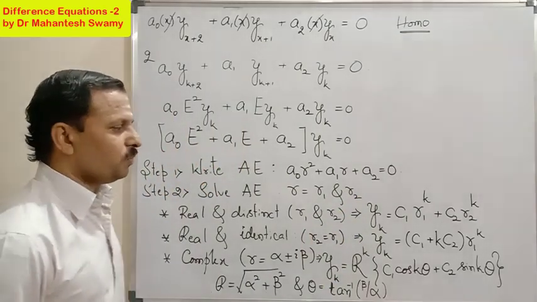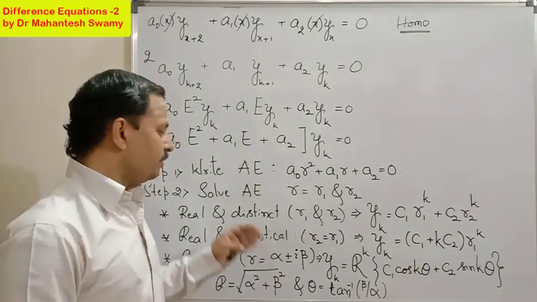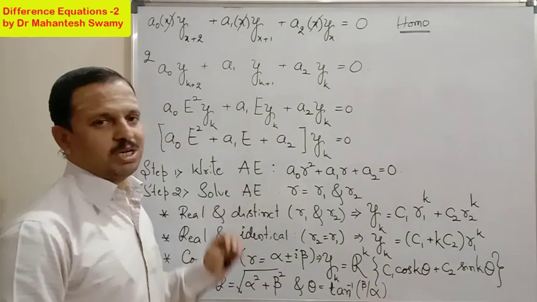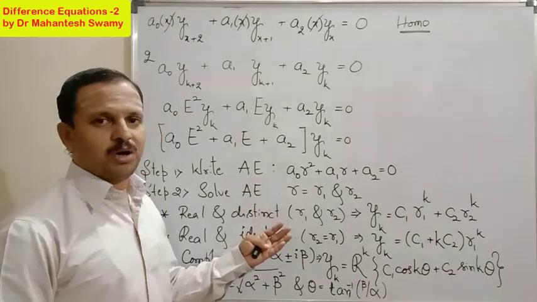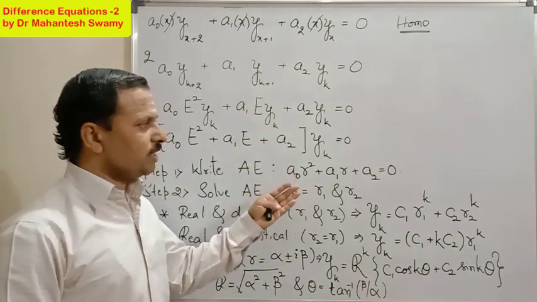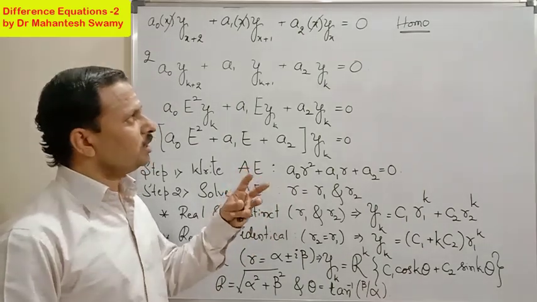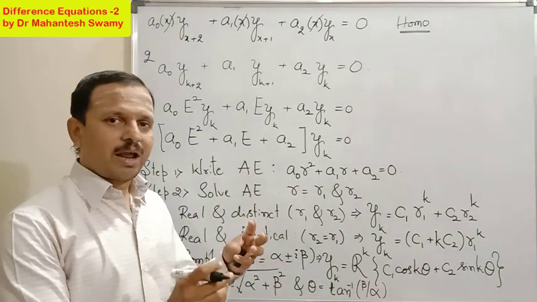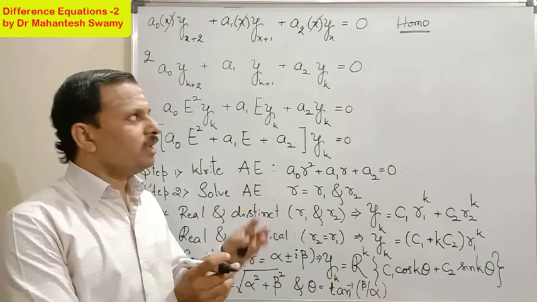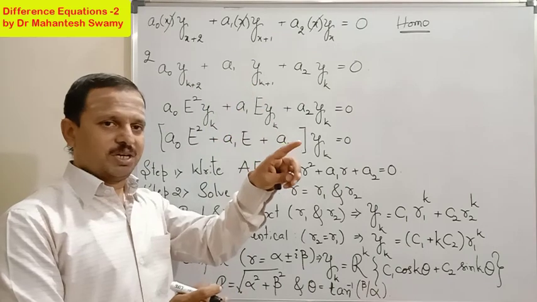So this is how we can write the general solution of the difference equation directly by looking at the nature of the auxiliary equations. We shall consider examples on the difference equations in the next video. At this moment I should recall one important thing here, that we are having an analogy between the difference equations and the differential equations.